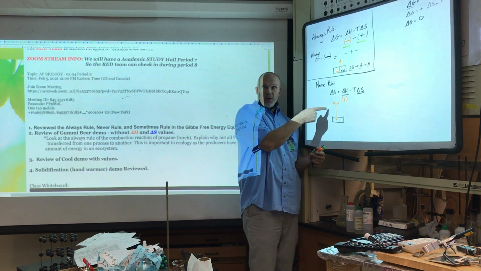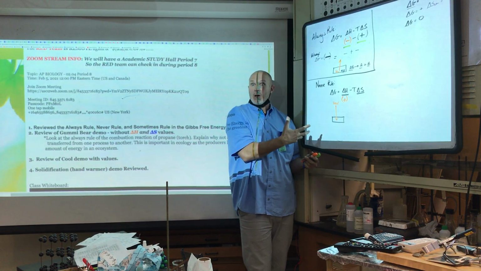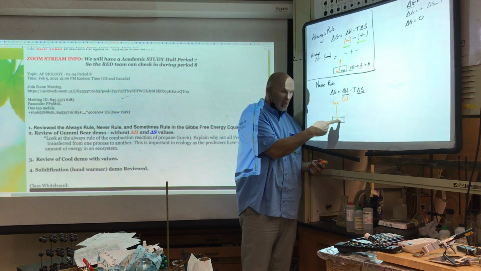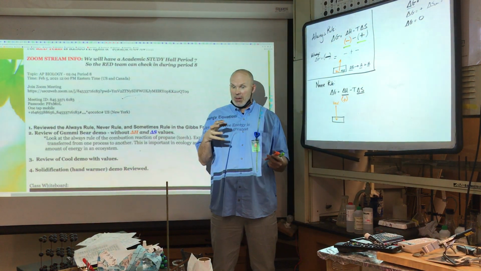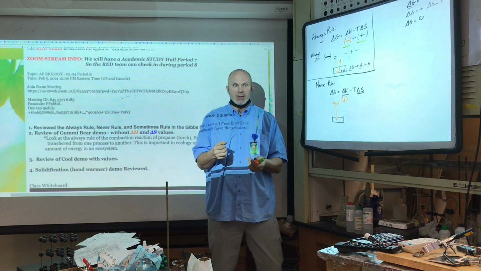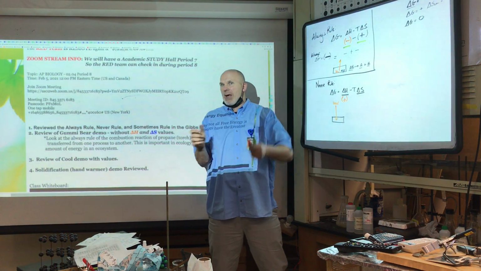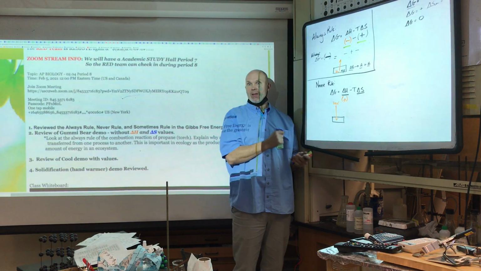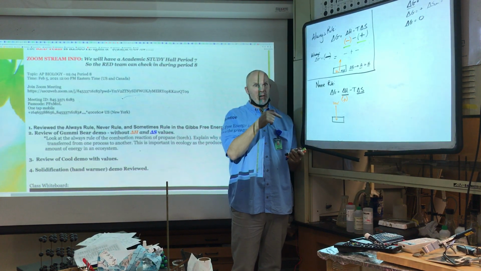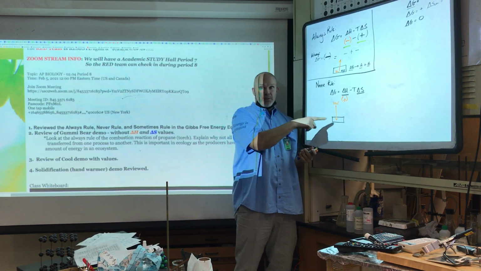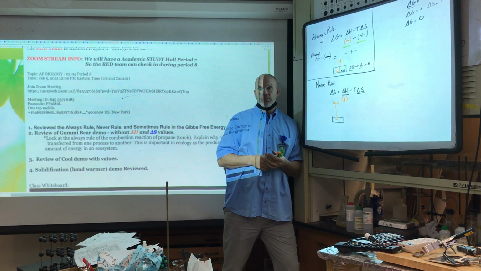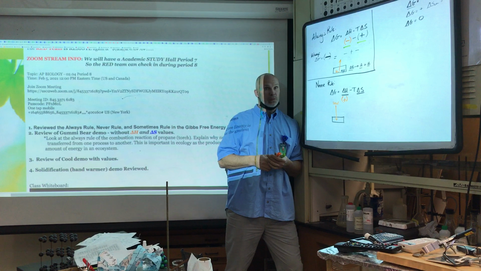Well, because the surrounding gas molecules are now going slower if heat is lost by the surroundings and gained by the system. So the molecules are moving a little slower, which means they can't disperse out. Energy is not dispersing. So in terms of the surroundings, the surroundings entropy is decreasing, but that's a bad thing. Yes? I thought colder molecules vibrate slower and move slower, and fast molecules... Absolutely correct.